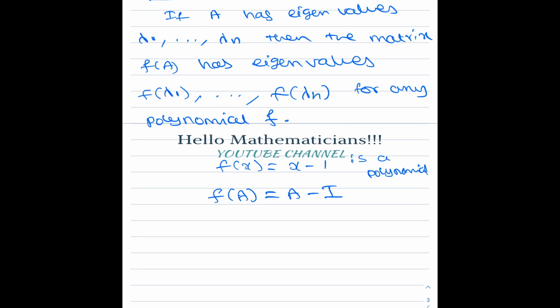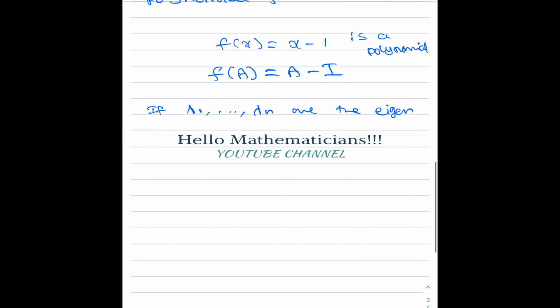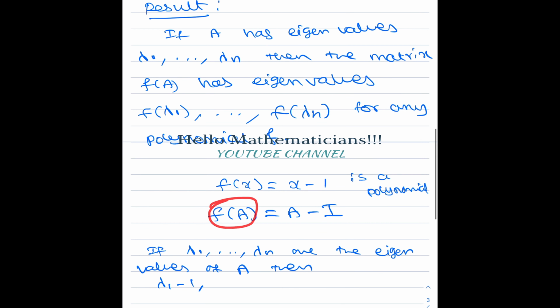Therefore, from this result, if lambda 1 etc. lambda n are the eigenvalues of A, then lambda 1 minus 1, because I have to substitute the eigenvalues in this function to get the eigenvalues of f of A. You see, I have eigenvalues of A. If I want eigenvalues of f of A, I just substitute the eigenvalues in that same function.